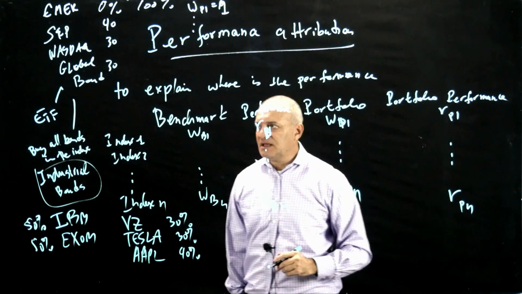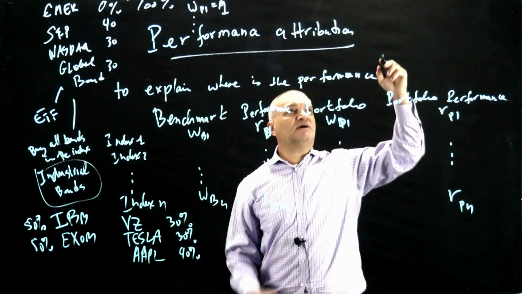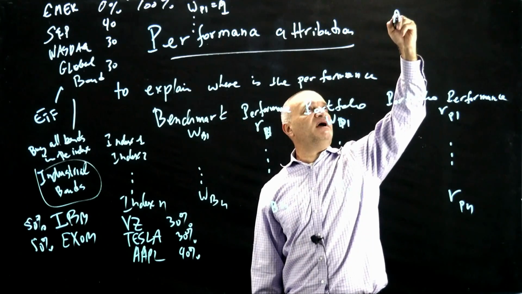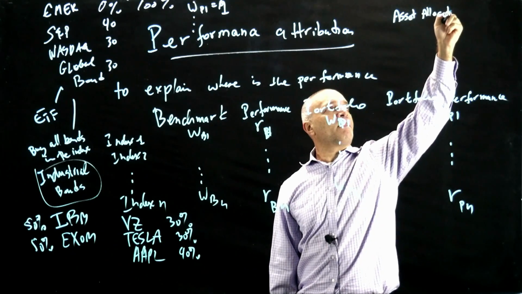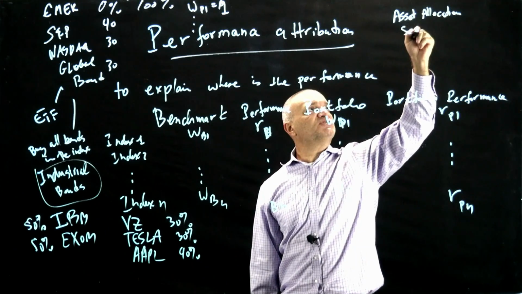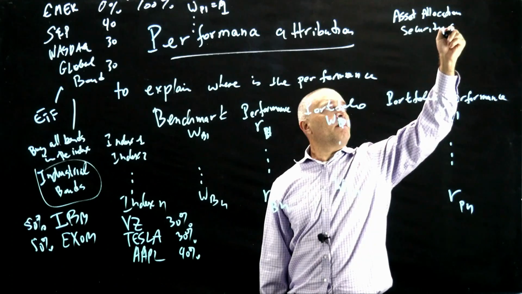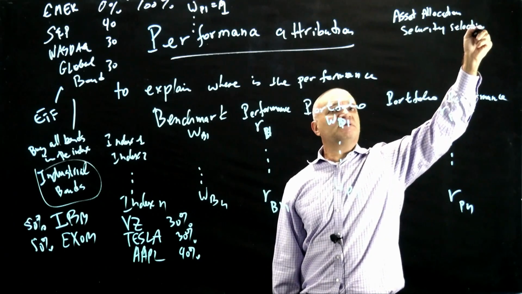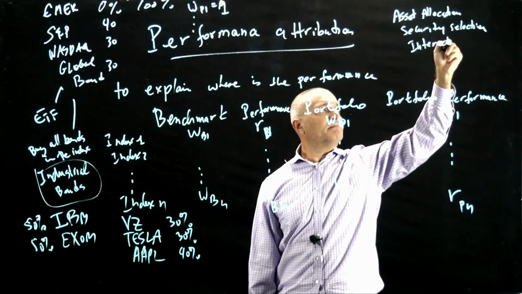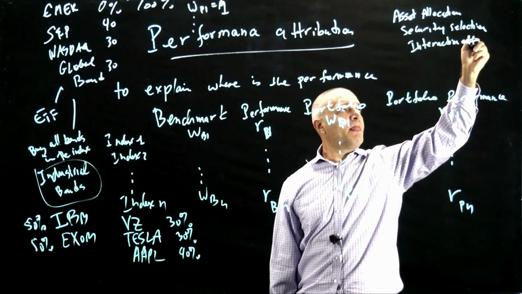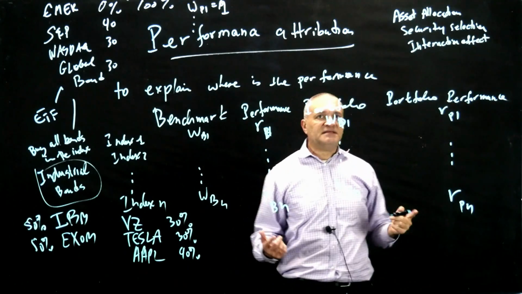Now, we have two major categories: asset allocation and security selection. Whatever is left is basically the interaction effect.